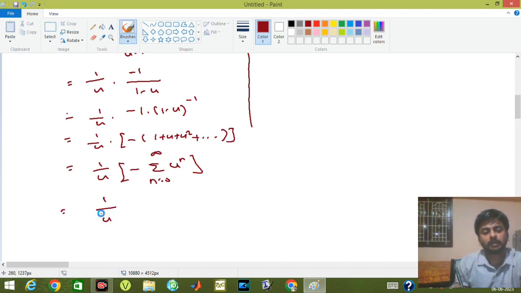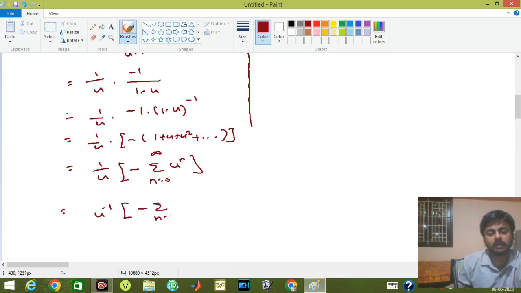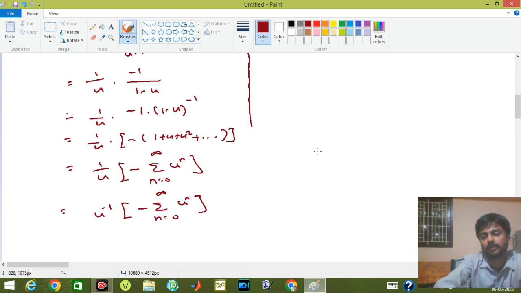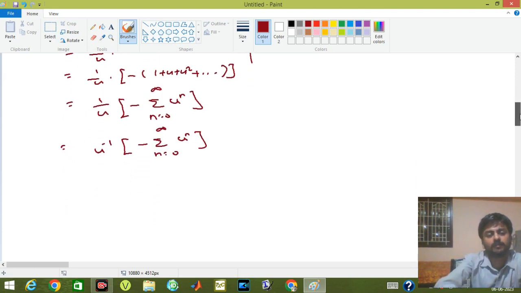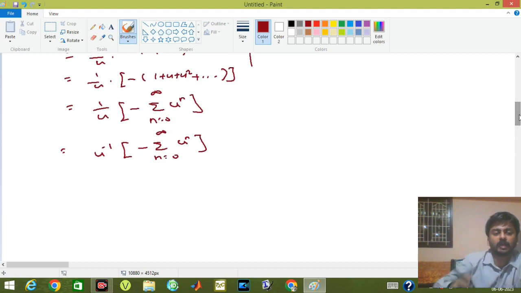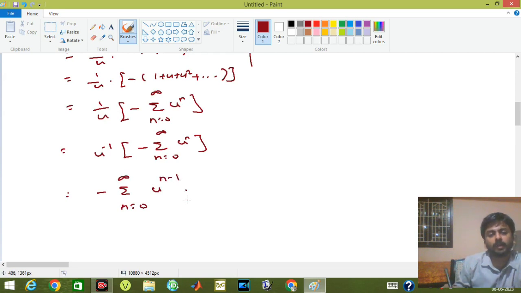Now I am writing this 1 by u as u power minus 1, into minus of summation n equal to 0 to infinity u power n. So in the next step it will become minus summation n equal to 0 to infinity u power n minus 1.